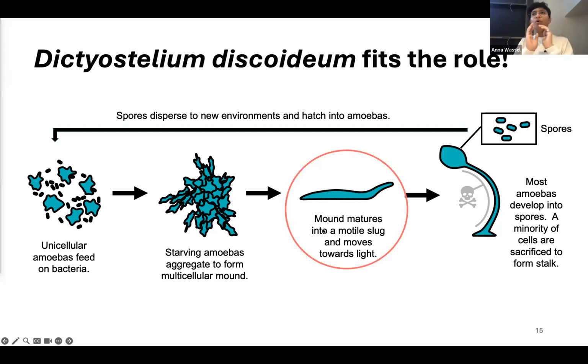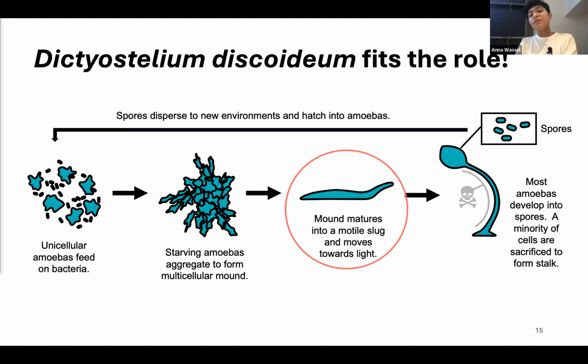And this mound then moves towards light or heat, and is called a slug. It's a very complex developmental trait that requires coordination between a lot of these cells within the mound that are now moving together towards light and such.